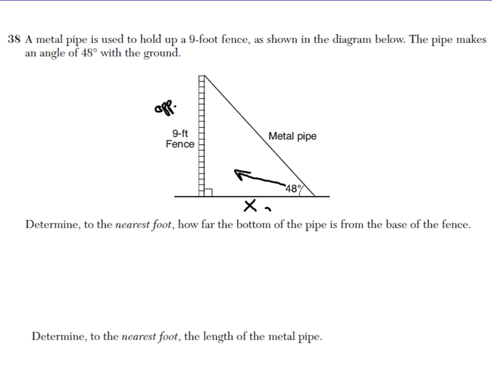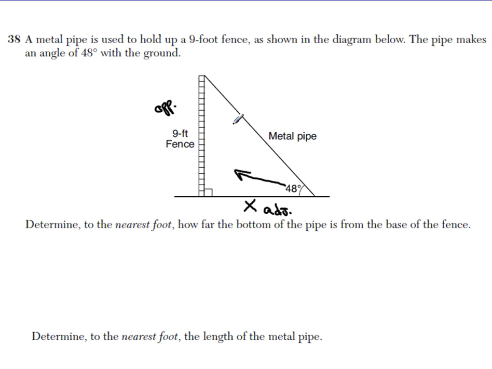This side is adjacent to the angle. Adjacent means next to. So this is adjacent because it's next to the angle. And this is opposite in relation to this angle, and this is adjacent in relation to this angle. So that's how you have to think about it.